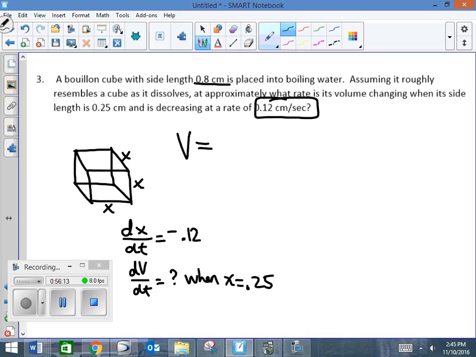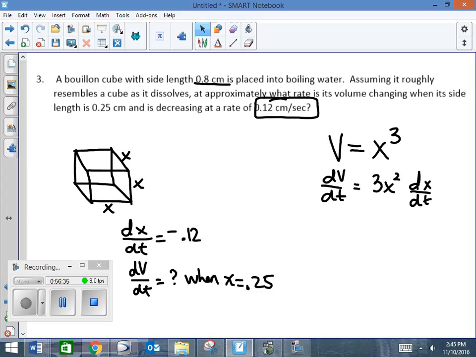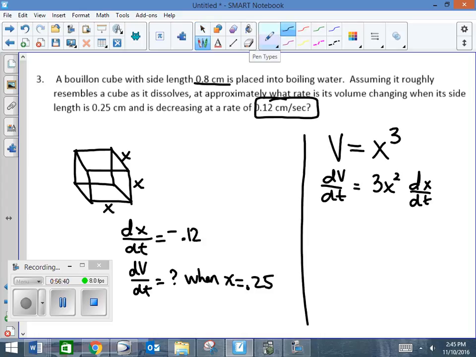Okay, how do you find the volume of a cube? x cubed. So dV/dt equals 3x squared dx/dt. Honestly, I'm going to give you points for this.